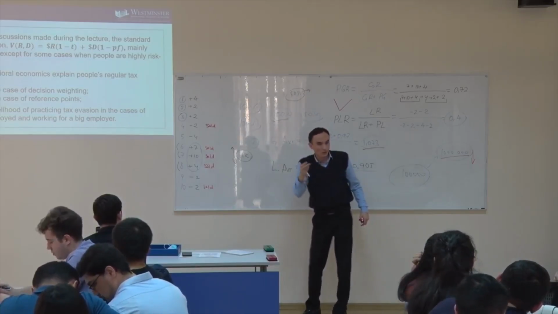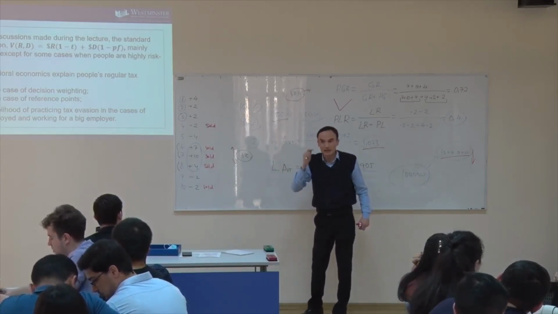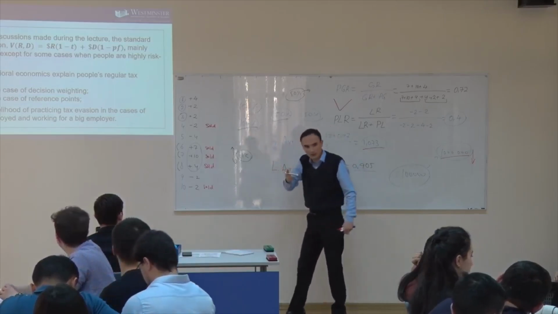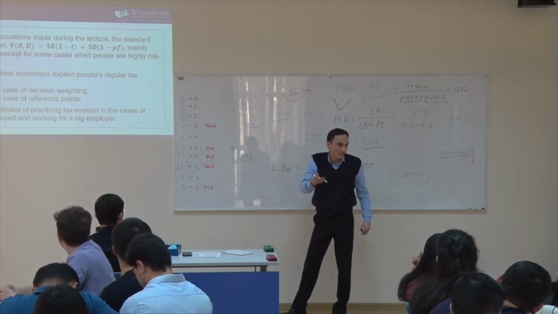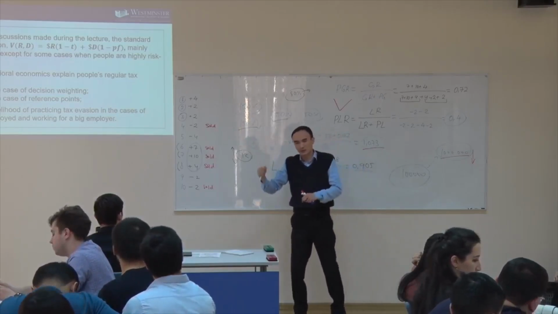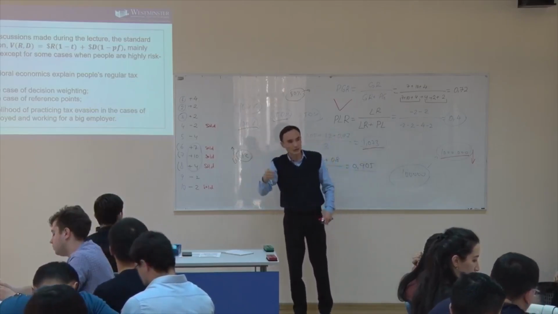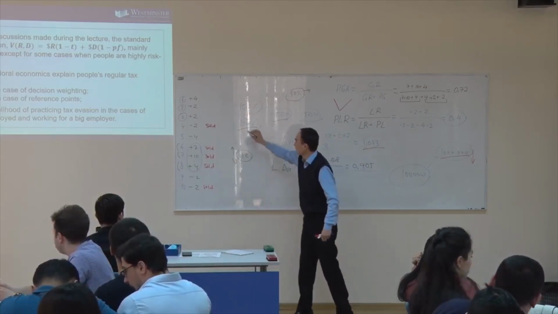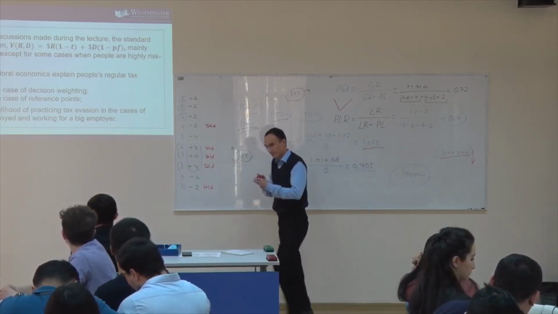It was proven by the standard economic model. But here the question is, why do people pay 100%? Even though the standard economic model says up to 50% reporting will increase utility, anything more than that will make a person unhappy. Then why are people paying 100%?